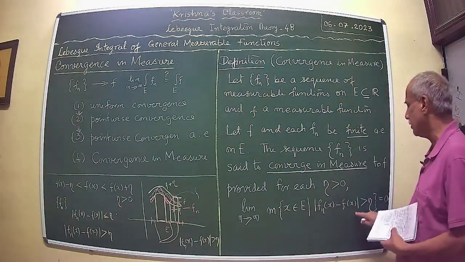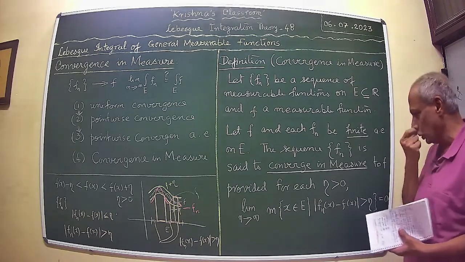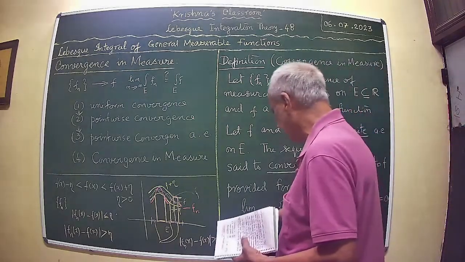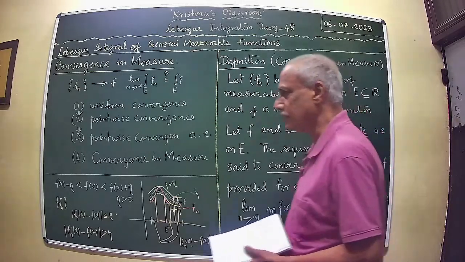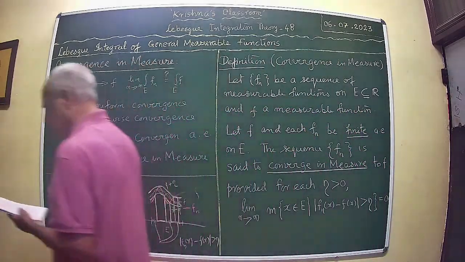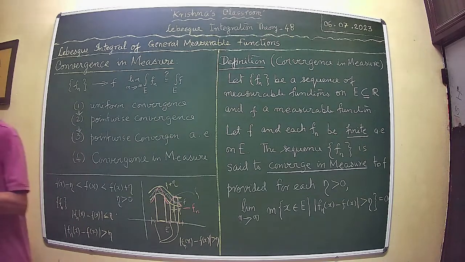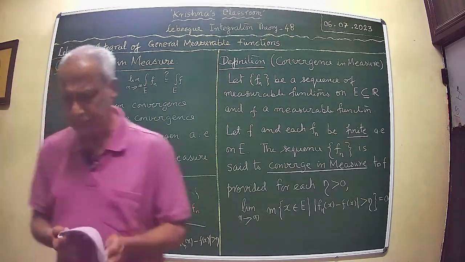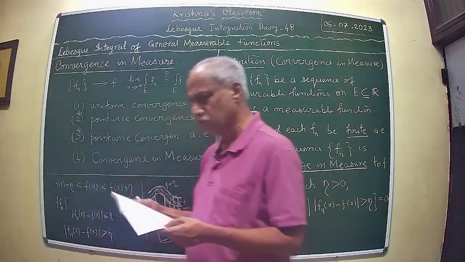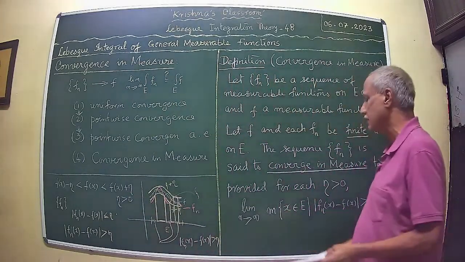Suppose the measure of this goes to 0 as n tends to infinity, then you say that Fn converges to F in measure. For each eta positive this should happen.